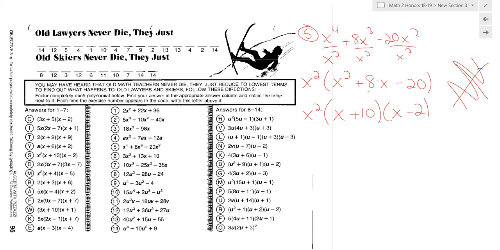So I would stop worrying so much about that with ones that don't have a number in front of that first term. So that's number 5. So anywhere you see a number 5 up here, you would put x squared times x plus 10 times x minus 2.